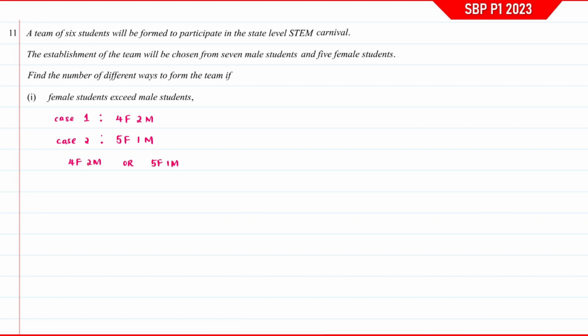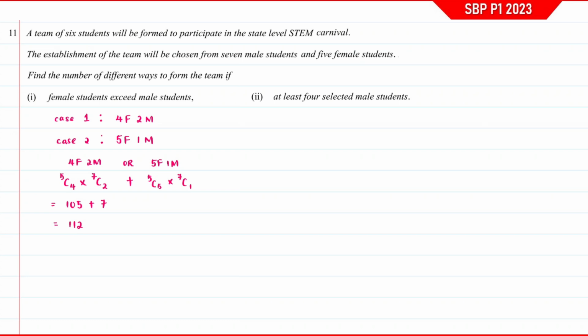For case 1, we use 5C4 times 7C2, plus the second case, which is 5C5 times 7C1. So this is equal to 105 plus 7, which is equal to 112.